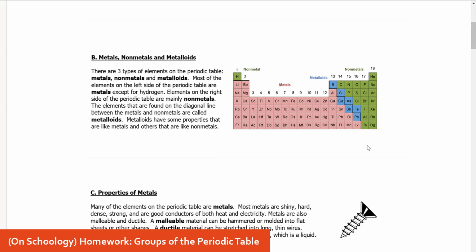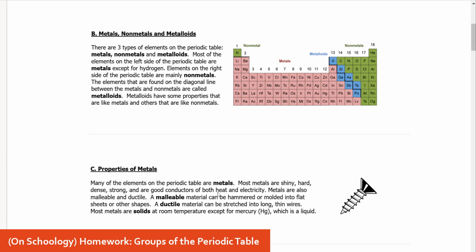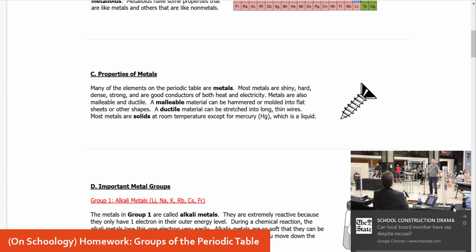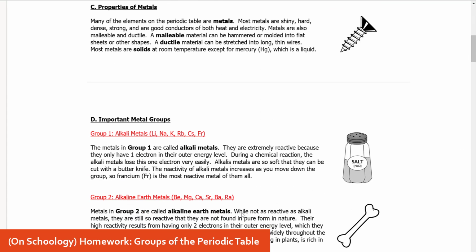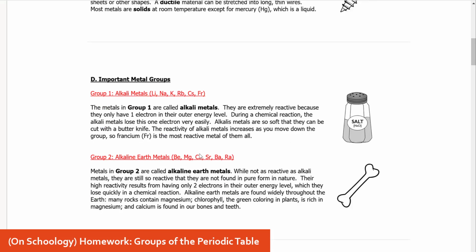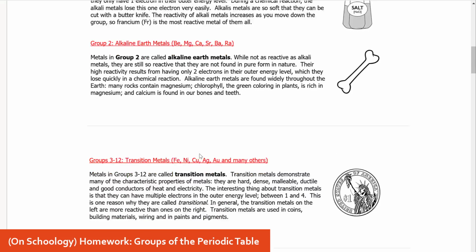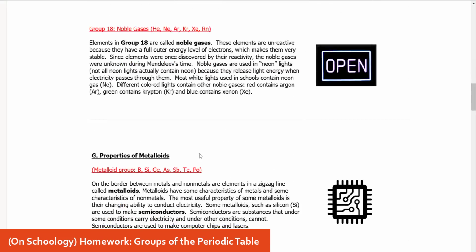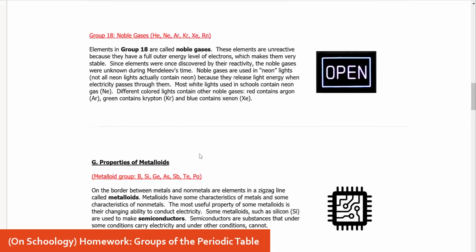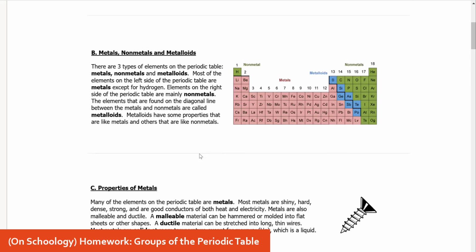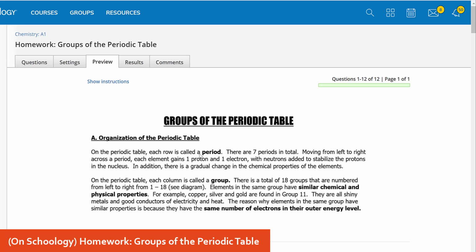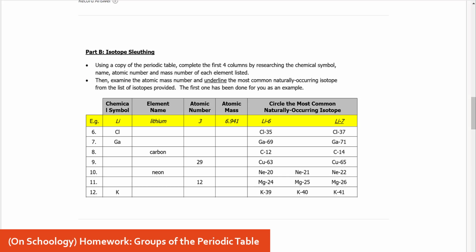You need to know traits for metals, nonmetals, and the metalloids. Then you need to know traits of the different groups. And all of this information can be found here in this homework assignment. It is also found in the PowerPoint presentation, so you can get that information there.